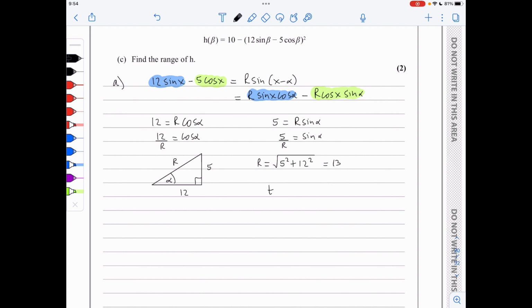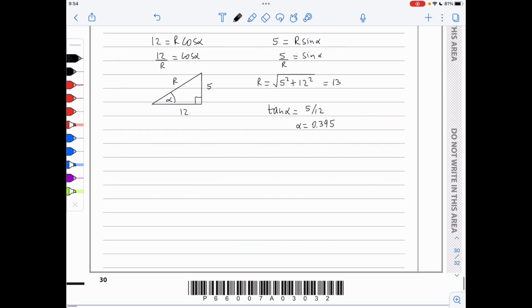We can also see that tan α is 5/12, which leads to α being 0.395, and therefore we've got 12 sin x - 5 cos x is equal to 13 sin(x - 0.395). That was part A.